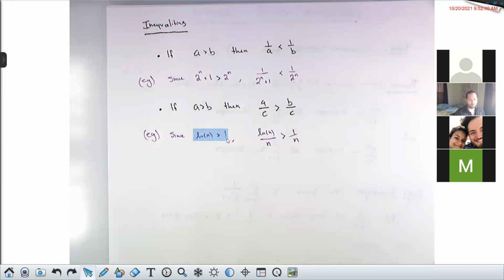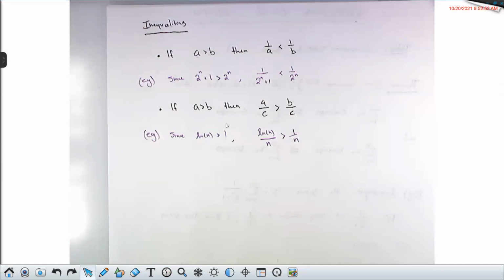Now this is actually only true if n is bigger than e. So when n is 1 or 2, this isn't true. But when n is 3, 4, 5, this is true. Let me go ahead and show you a problem where we use this.